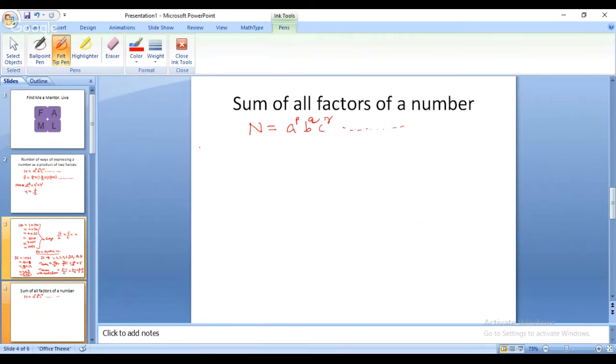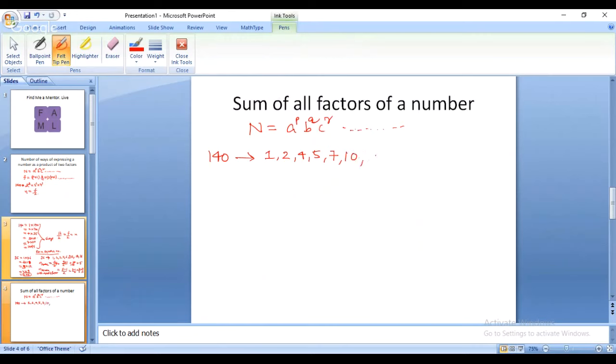As mentioned earlier, in the case of 140, we had what? Factors as 1, 2, 4, 5, 7, 10.